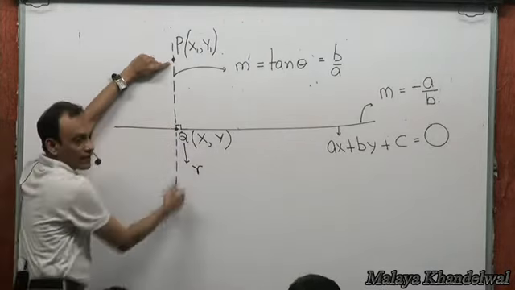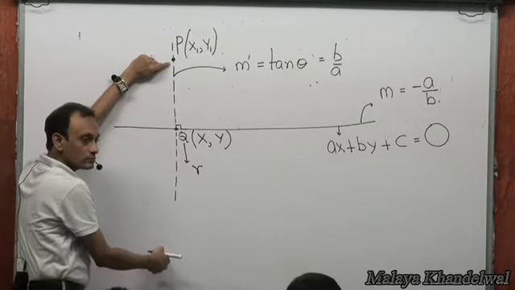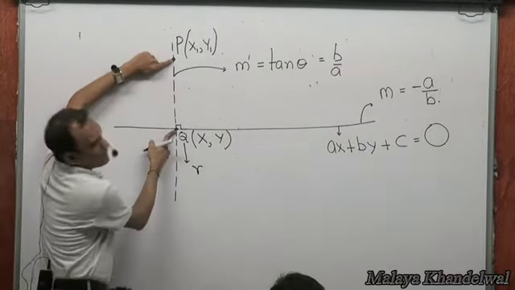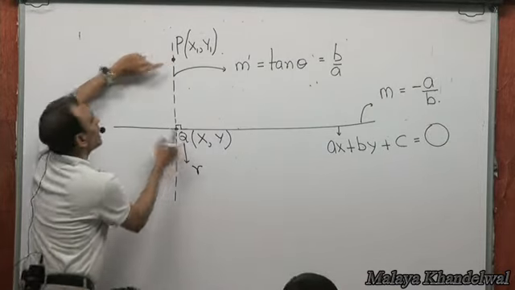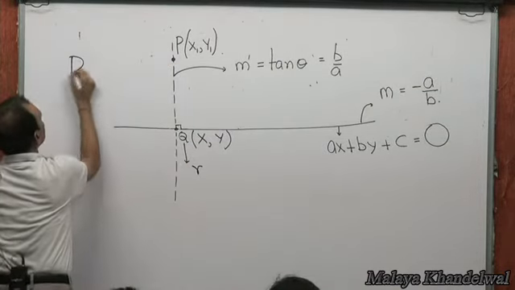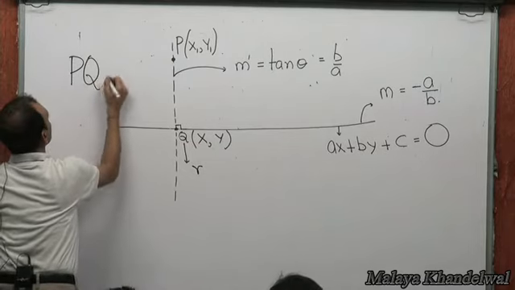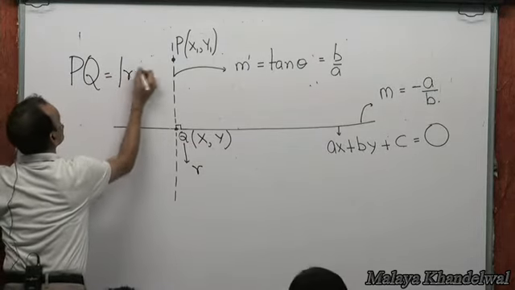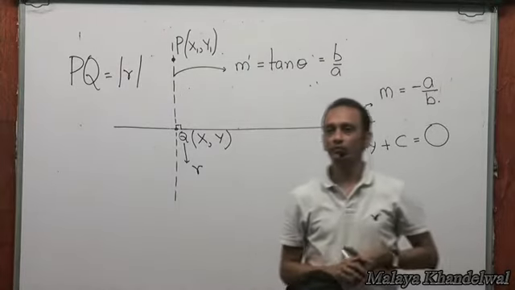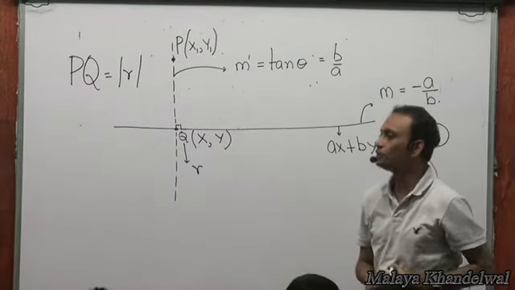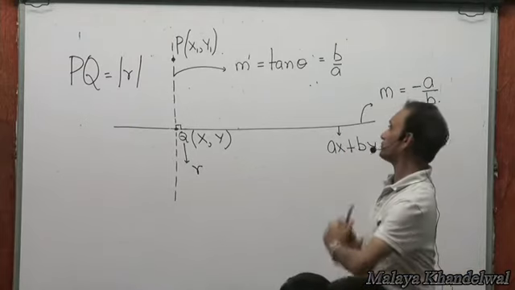Then mod r would be PQ. If the parameter associated with Q is r, then PQ would be simply mod r. Clear?